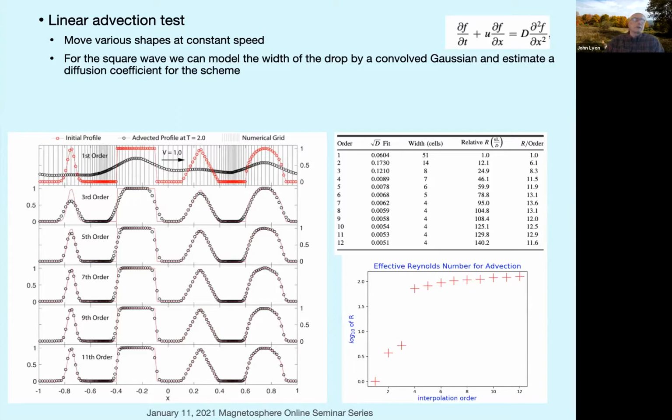So if you have 100 cells in one direction, the cell Reynolds number is basically 100 or thereabouts, a relatively small number, even for the large calculations that we're able to do these days.